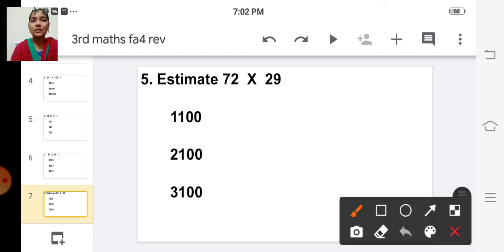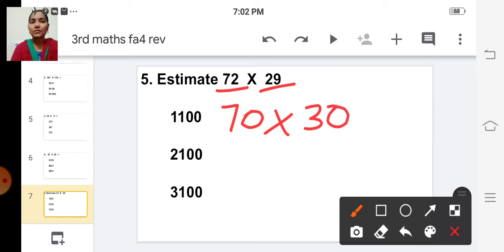So first round off this multiplicand 72 to the nearest 10. What is the nearest 10 for 72? It is 70, isn't it? Into, and round off this number 29 to the nearest 10. Then 29 will be changed into 30. So the nearest tens is 30.